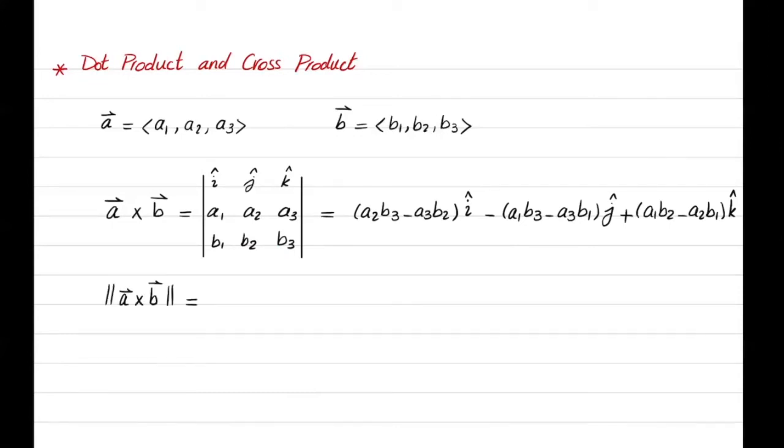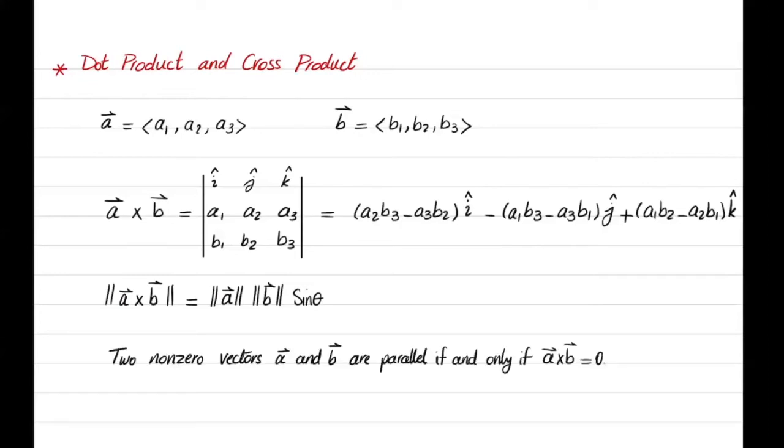The magnitude of this cross product is defined as the magnitude of vector A times the magnitude of vector B times the sine of the angle between these two vectors. Similar to the dot product, here we can form a new theorem, which is the criterion for parallel vectors, which says two non-zero vectors A and B are parallel if and only if the cross product of these two vectors is equal to zero.